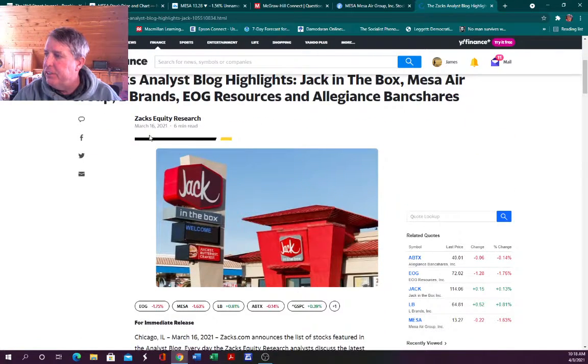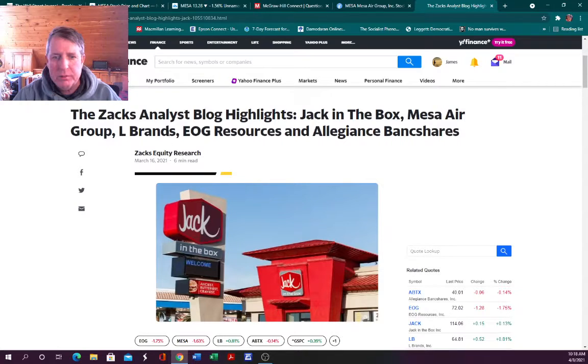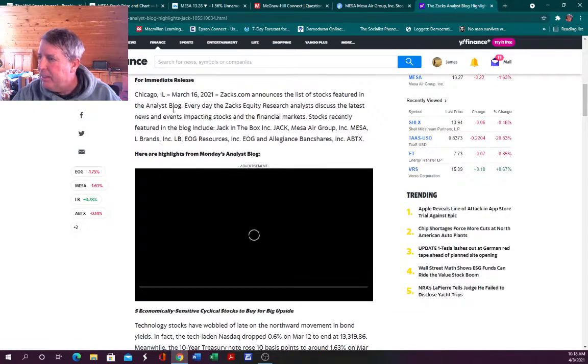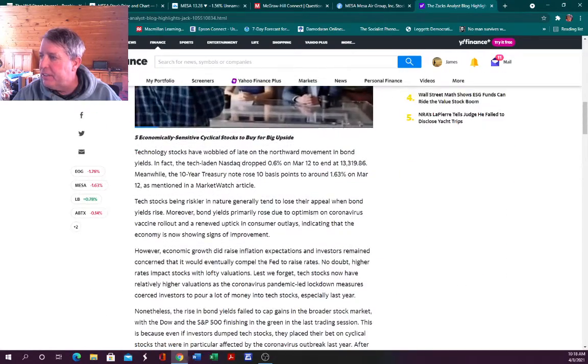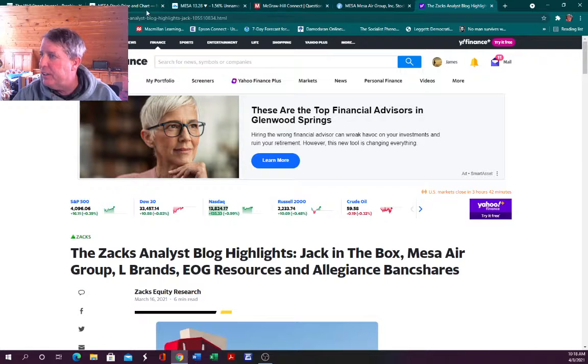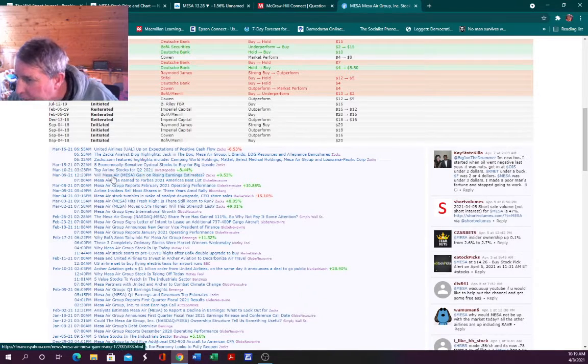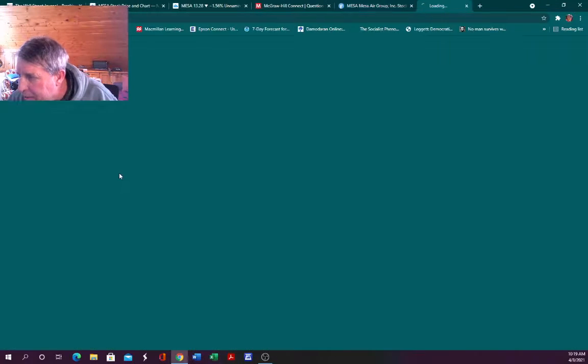Here it is in, remember Jack in the Box? We talked about that the other night. But here it is. It's somewhere in the body of this article, Mesa is mentioned, so it must be maybe favorable. I don't know. Will Mesa gain on rising earning estimates?